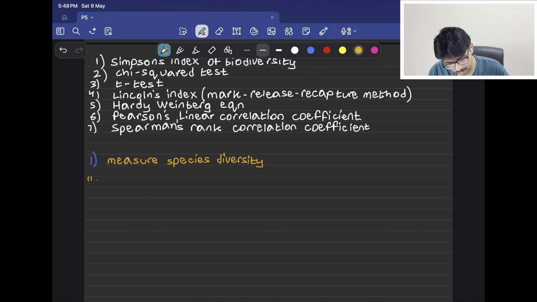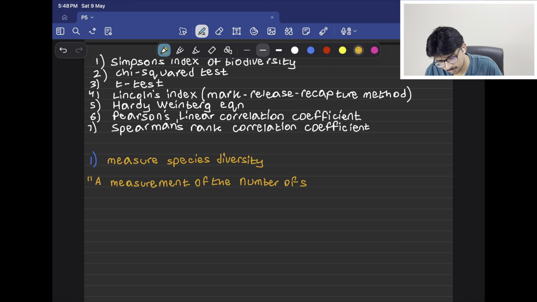So species diversity is just a measurement of the number of species and the relative abundance. Are there 40 organisms per species, 50, 60, 200, 500? What is the number of organisms belonging to a particular species, and their relative abundance.